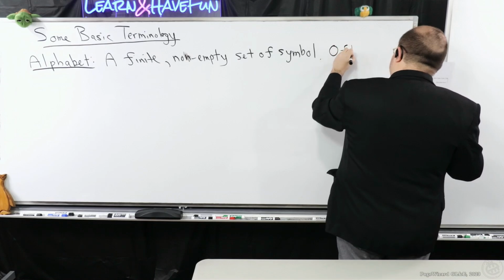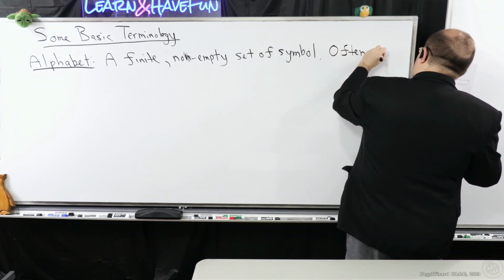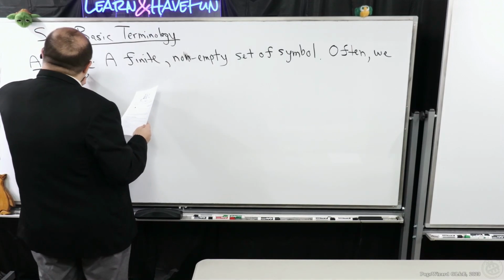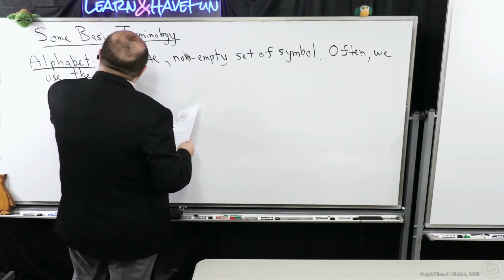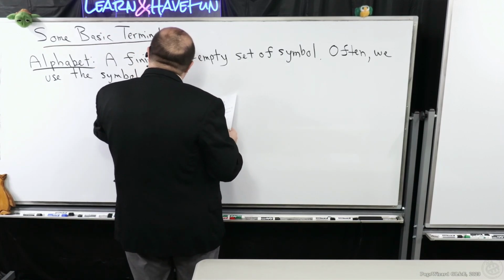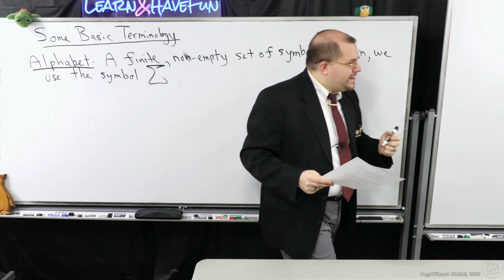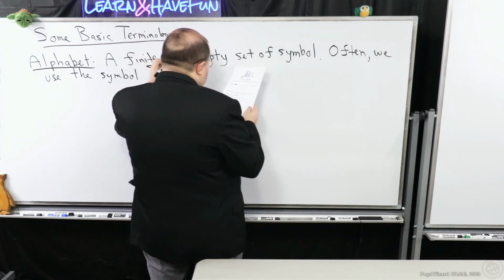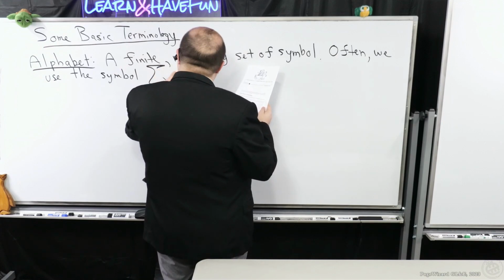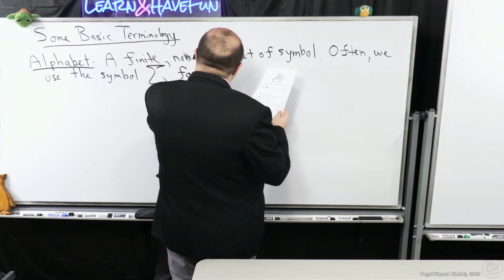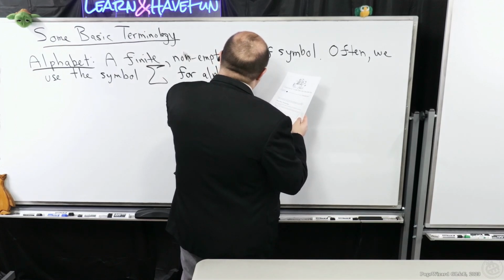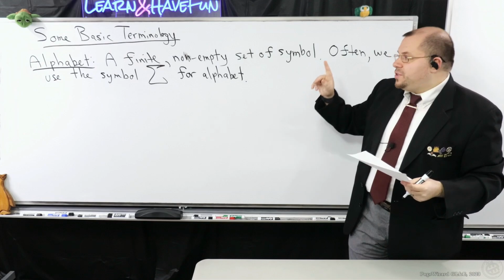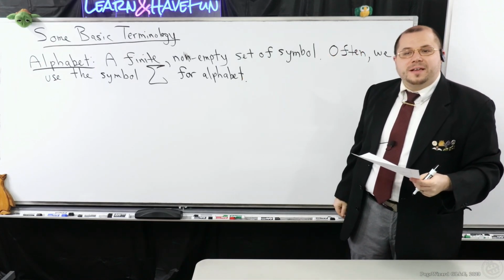So often we use the symbol capital sigma, which I'll just colloquially refer to as sigma, just to keep things simple here, for alphabets. So if you ever see me write down the symbol sigma like that, and not in the context of adding things, but in the context of talking about strings, just assume I'm talking about some alphabet.